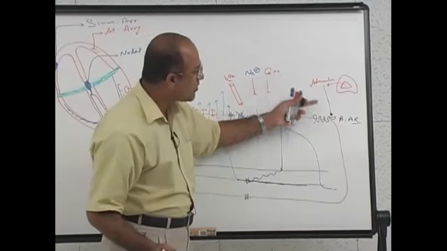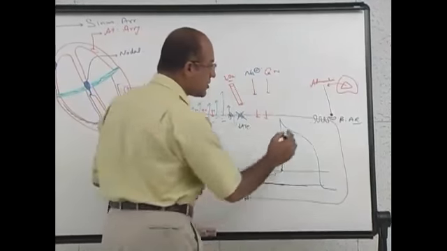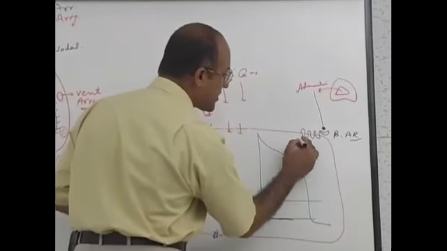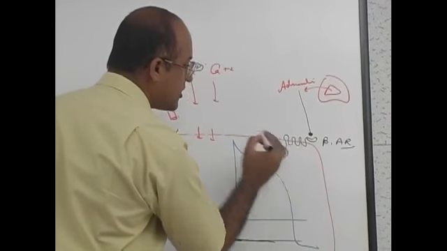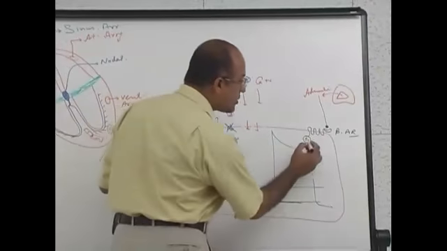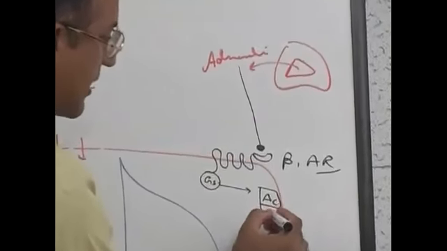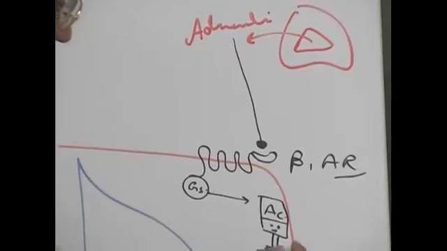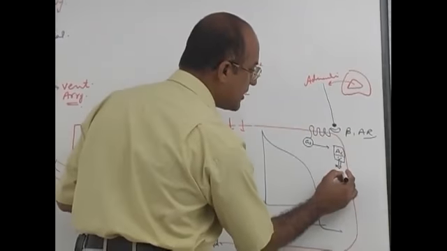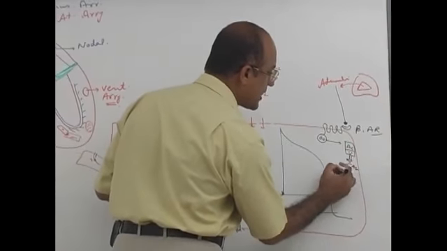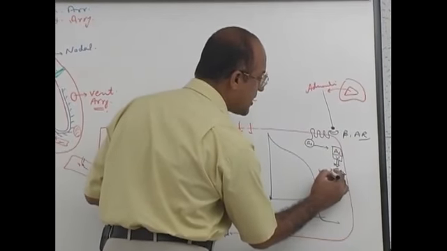This adrenaline will bind with the receptors, and these receptors will stimulate a protein inside the cell, which is called G stimulatory protein. This G stimulatory will stimulate adenylyl cyclase, and this adenylyl cyclase will convert ATP into cyclic AMP.